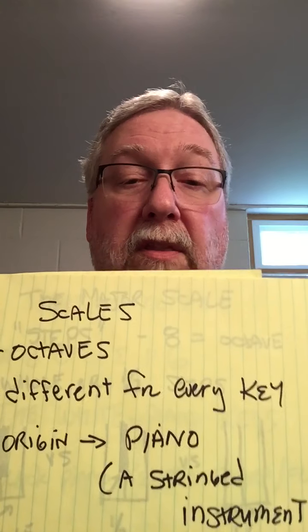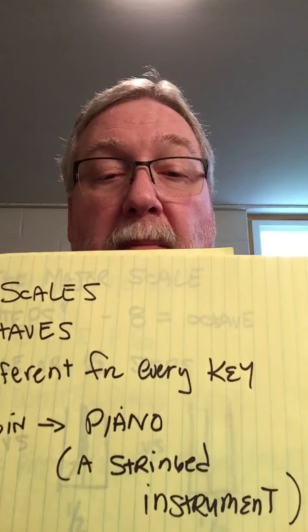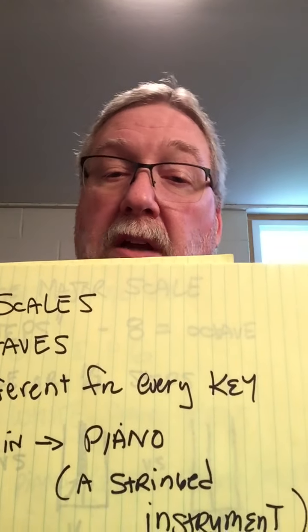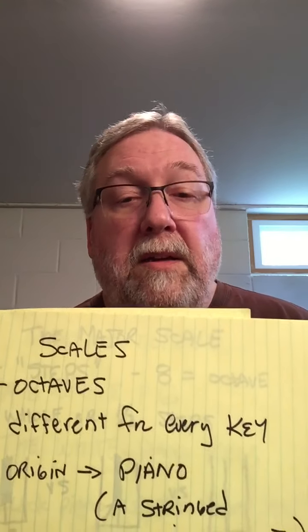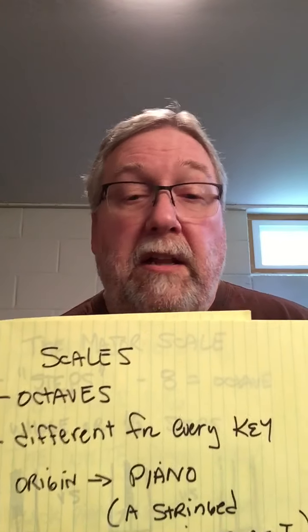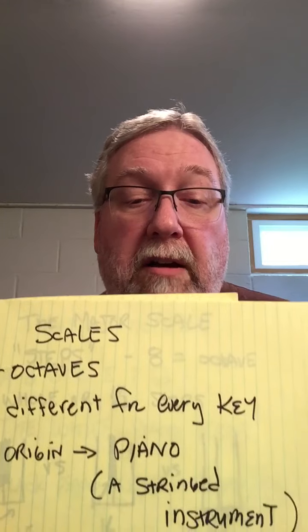So even though I'm not a piano player, you may not be a piano player, remember that in fact the piano is a stringed instrument. So it's not that far a distant cousin from guitars, banjos, mandolins, even bass viols and cellos and violins. They all have their origins in terms of musical theory in the piano.